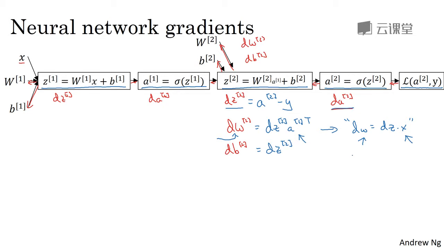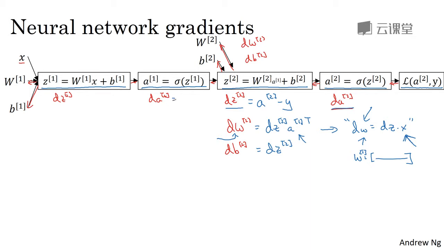Because w is a row vector in the case of logistic regression with a single output, dw2 is like that, whereas W here was a column vector, so that's why there's an extra transpose for a1, whereas we didn't for x for logistic regression. So this completes half of backpropagation.